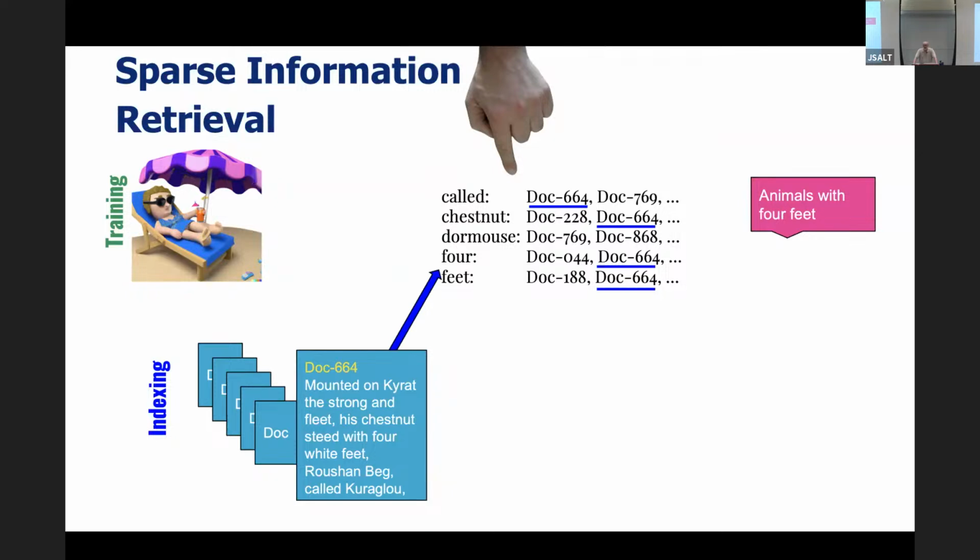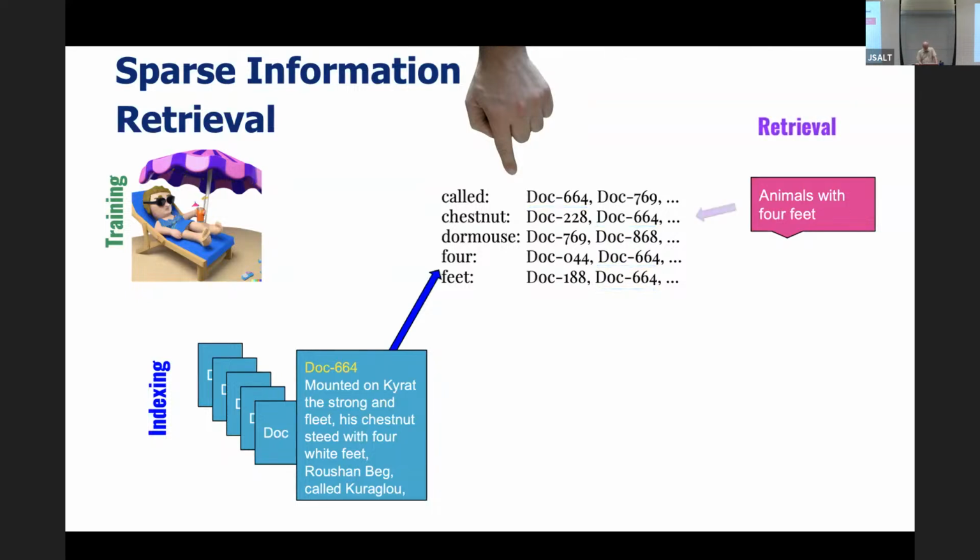And something like dormouse, that document is not there because that word is not in the document. Okay, so this is essentially a concordance. This index is called an inverted index, and it's the fundamental data structure for all pre-neural retrieval systems. These indexes are extremely efficient, right? People have had 40 years to make them fast. And so inverted indexes are still used everywhere.